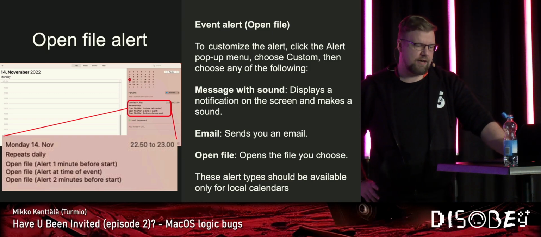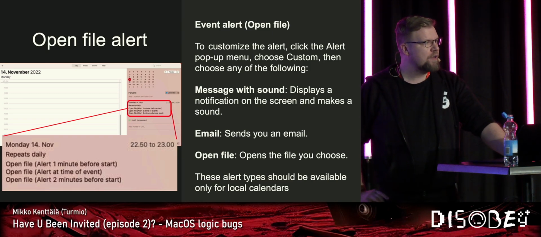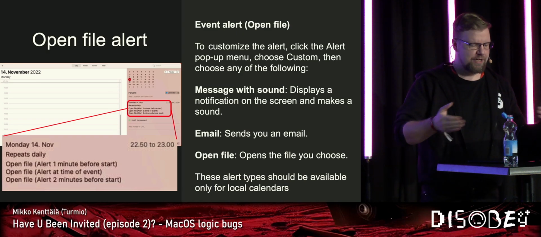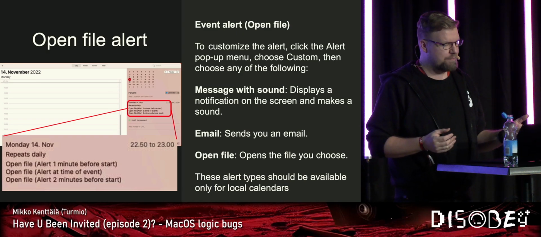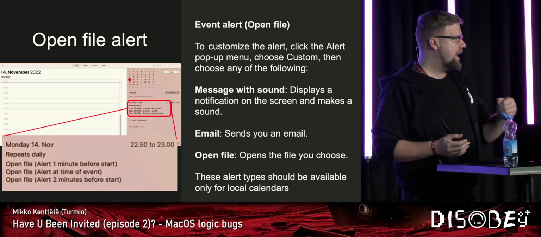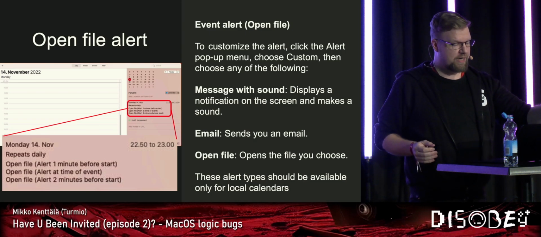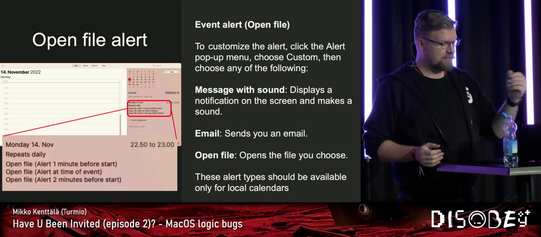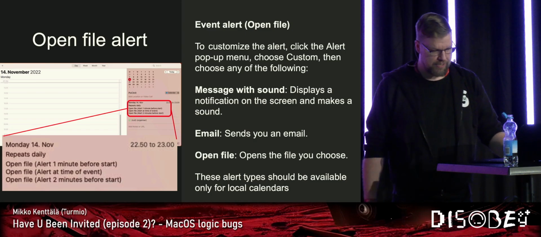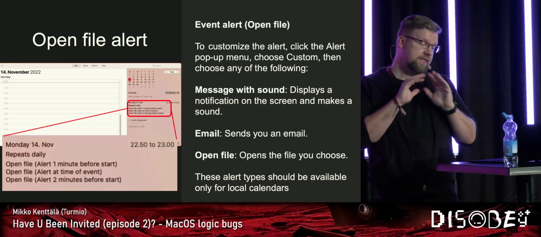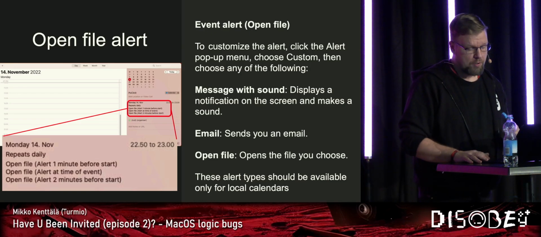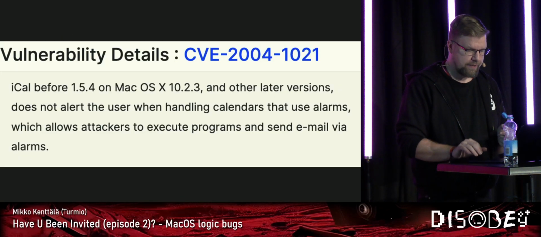So I was thinking that there's much more room to do something new with this functionality. Maybe I can get my malicious application in and get it opened, since there's the open feature and so on. And these features are only available in locally stored calendars.